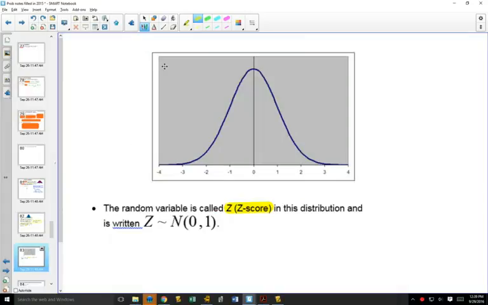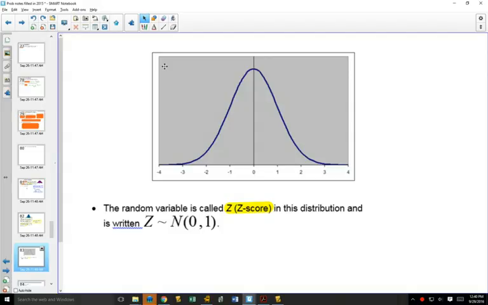So here is your standard normal curve, when you make your average 0 and you just count by standard deviations. Again, you can see that once you get to 3 standard deviations above or below, you have counted almost all of the data. We call any score that you get on here a z-score. And that z-score is telling you how many standard deviations above or below the average you are. So if your z-score is -1, you are 1 standard deviation below the mean.